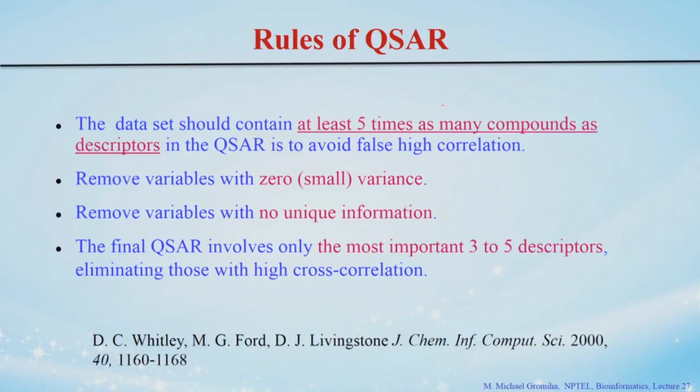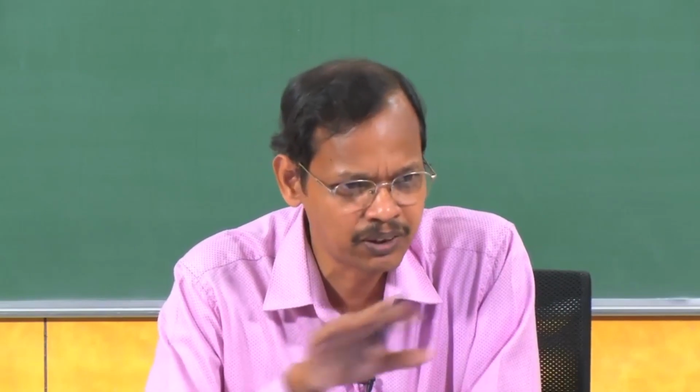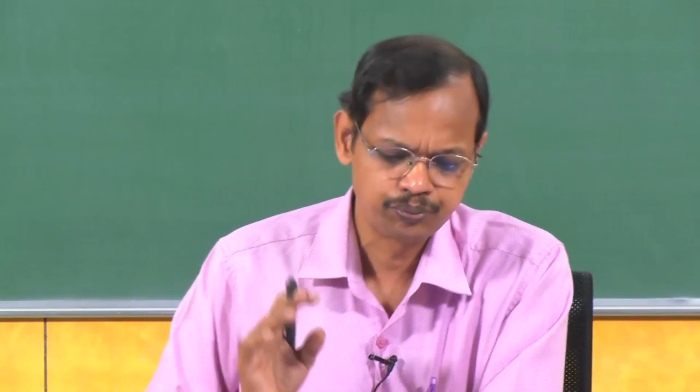Otherwise, you can fit the data, but it will cause overfitting due to the inclusion of too many descriptors. This will work for the training set, but it will fail in the test set or any blind set. So, you have to keep the descriptors or features as few as possible compared with the experimental data available for developing the model.